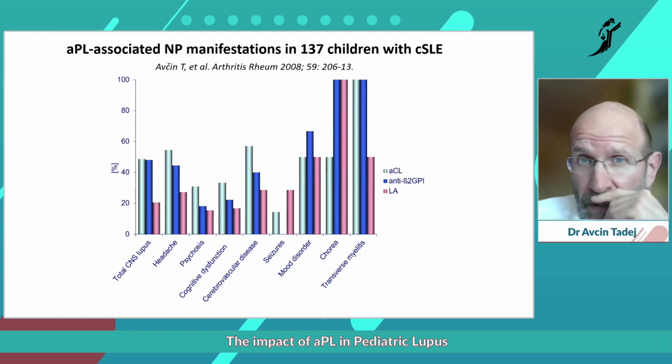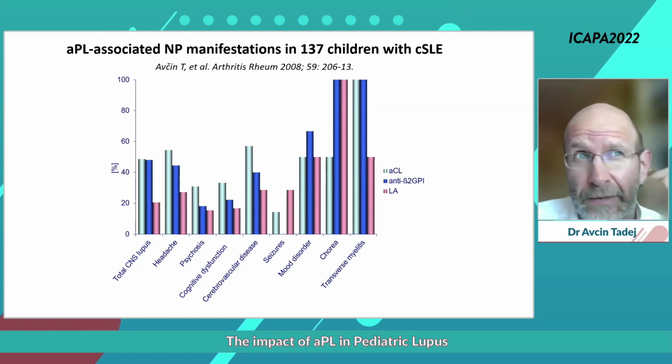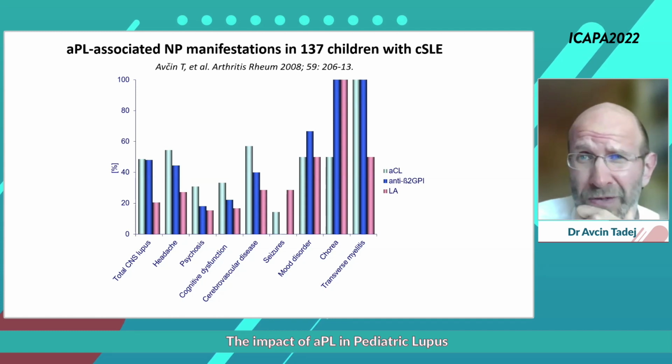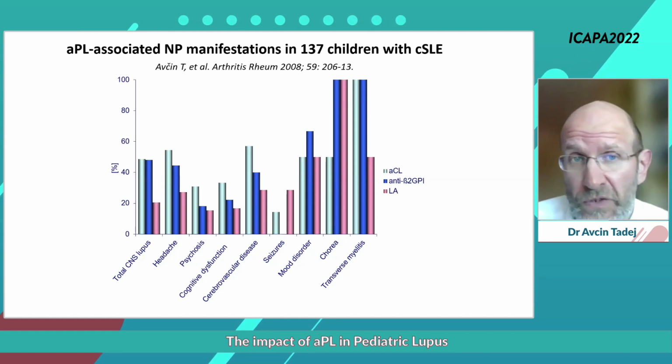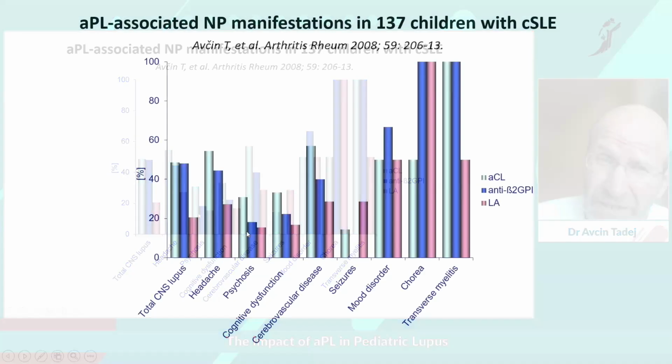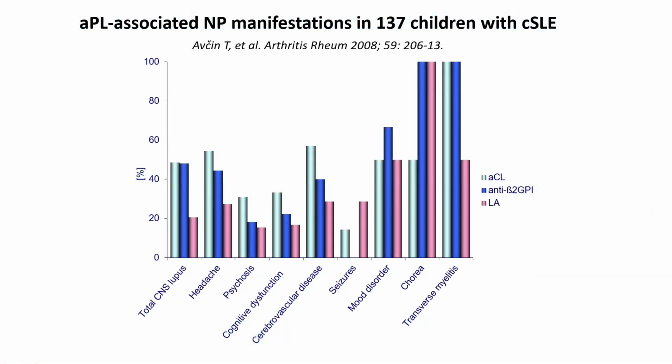in children with SLE. And this is a study where we included 137 children with childhood onset SLE from Canadian centers. They were followed up. And as you can see on this figure, we established the whole spectrum of neuropsychiatric manifestations in children with SLE, but the strongest association appeared with chorea and transverse myelitis.